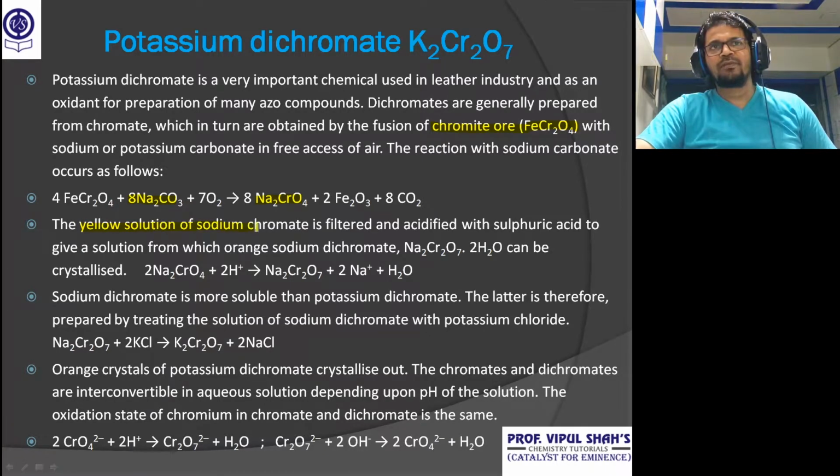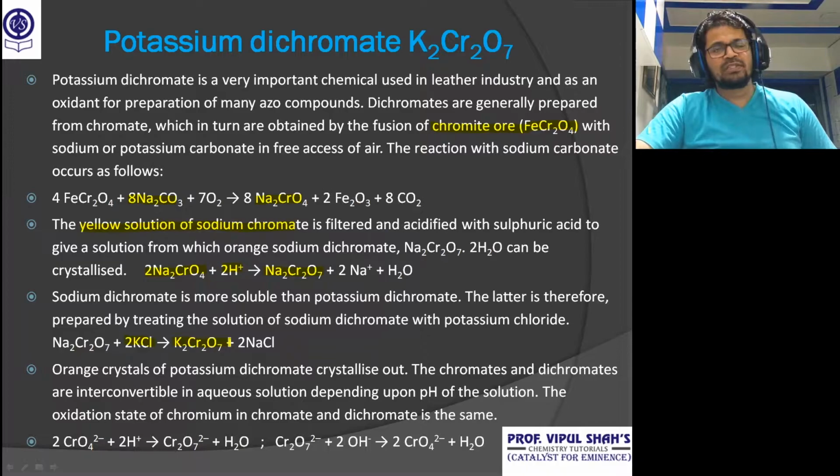That sodium chromate is acidified with sulfuric acid, that is H+ ions, and sodium chromate gets converted to sodium dichromate. And when sodium dichromate is reacted with KCl, potassium chloride, it gets converted to potassium dichromate.